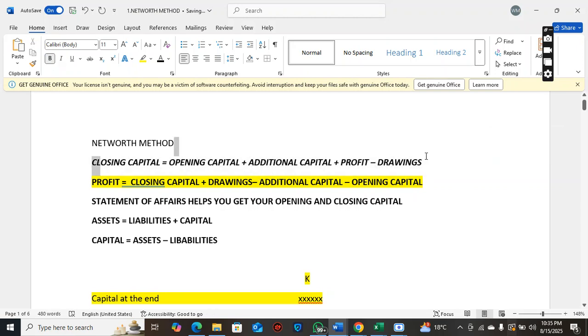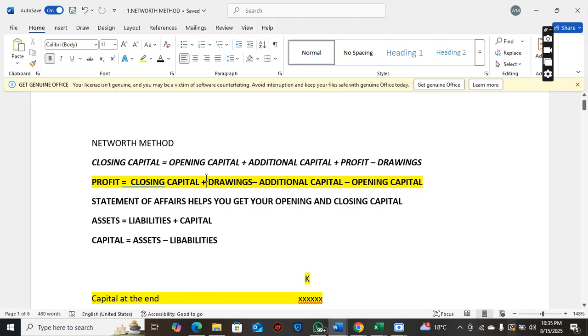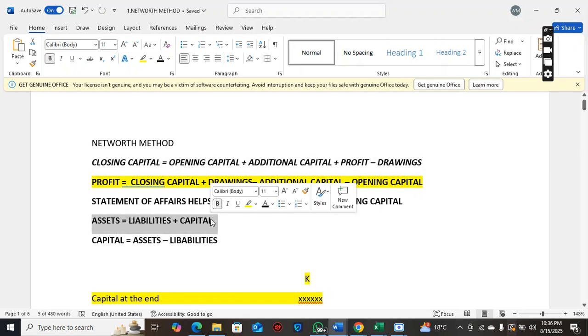Once you know this formula, you can get this formula here. I wouldn't say memorize this formula in here. Because if you memorize, you might think of subtracting drawings here and adding additional capital. So remember this one here, and then this one here. Assets equals liabilities plus capital.